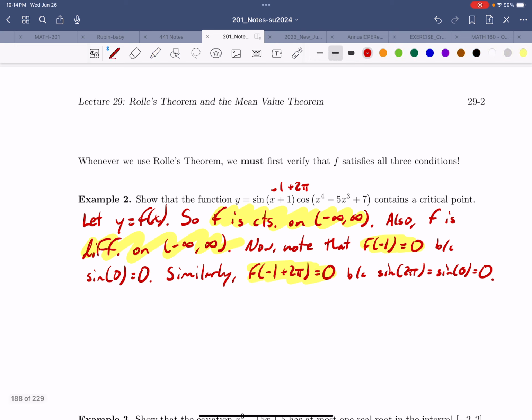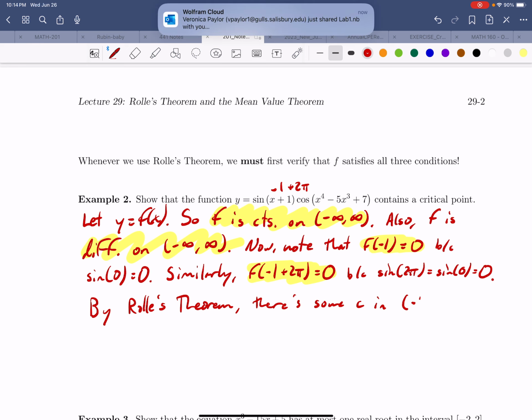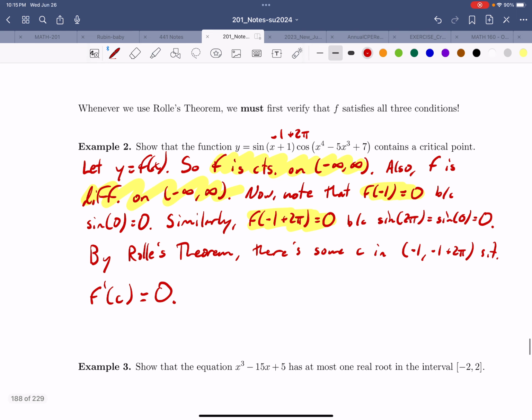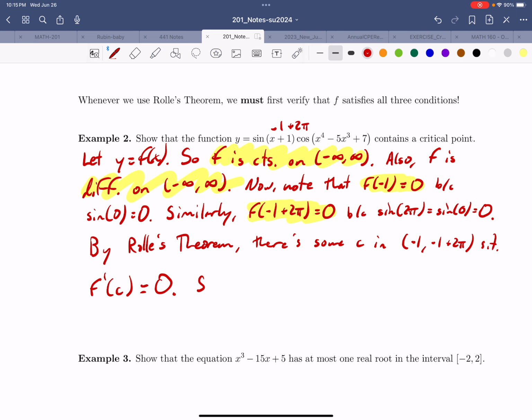So, by Rolle's theorem, there's some c in the open interval negative 1 to negative 1 plus 2 pi such that f prime of c equals 0. So f contains the critical point.